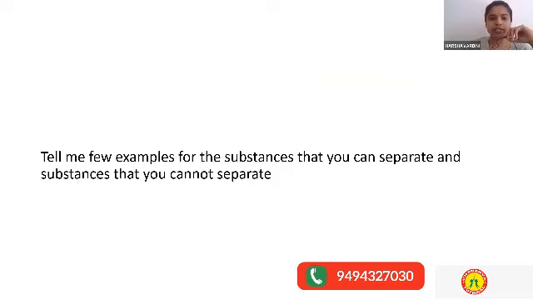I want you to observe the surroundings and tell me small examples. I don't want very deep examples, just small examples from day-to-day life where you're separating things. You have to tell me how you separate, based on what criteria you separate, and whether they are separable or not. Everything you need to analyze, right?